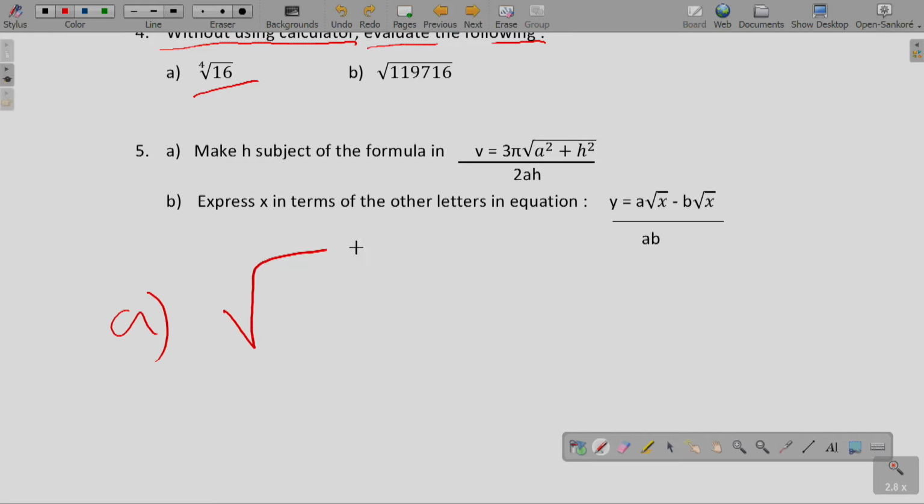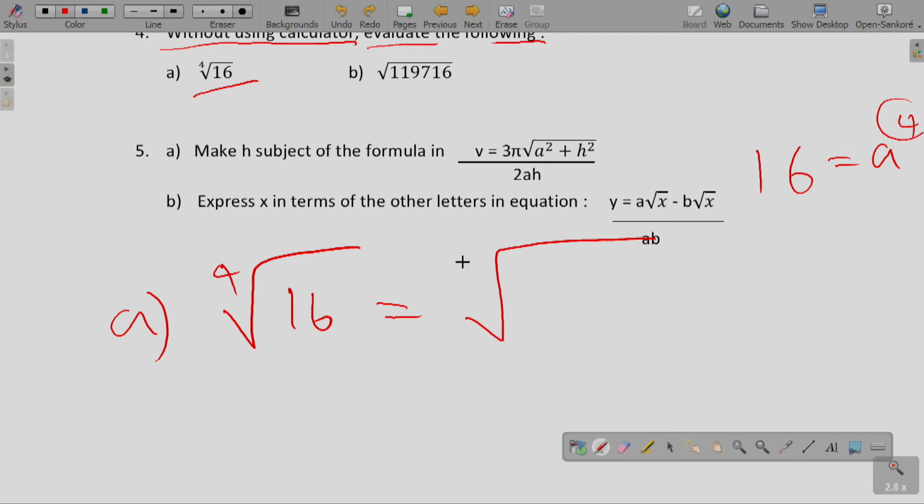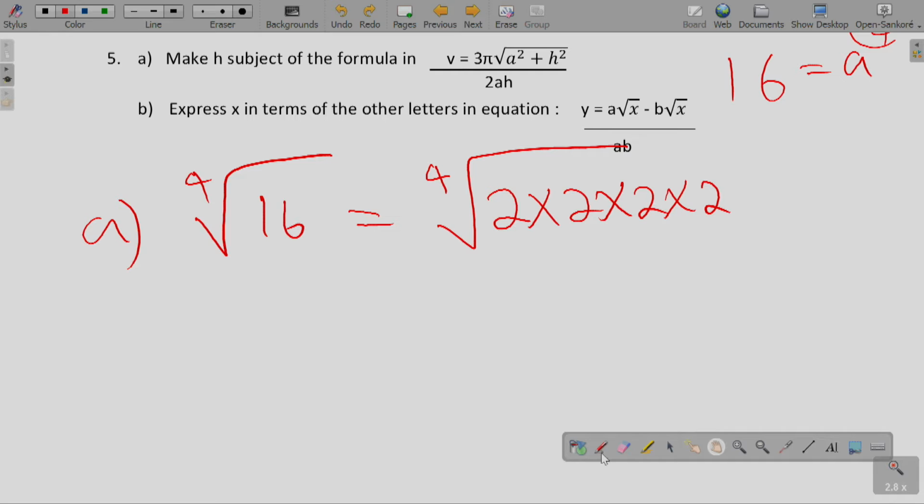We have the fourth root of 16. To evaluate this one, we have to write 16 in power 4. So here, 16 is equal to 2 times 2 times 2 times 2. This is equal to 2 to the power 4.